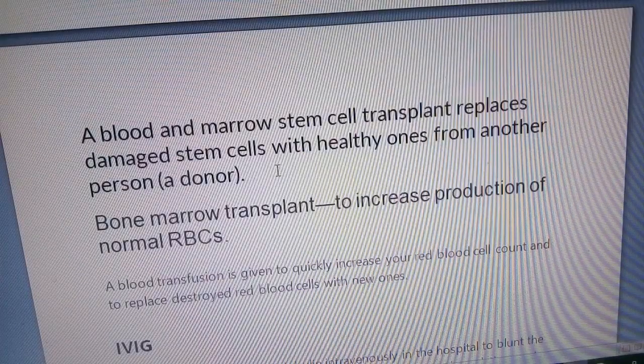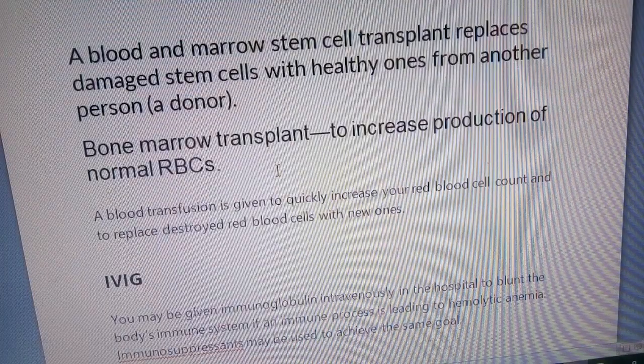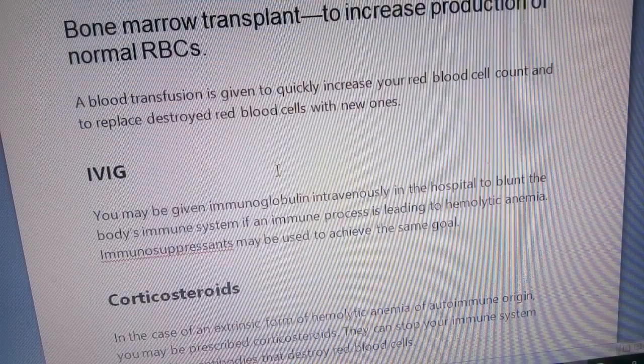A blood and marrow stem cell transplant replaces damaged stem cells with healthy ones from another person or donor. Bone marrow transplant to increase production of normal RBCs. A blood transfusion is given to quickly increase your red blood cell count and to replace destroyed red blood cells with new ones.